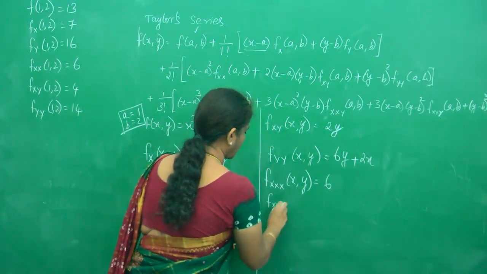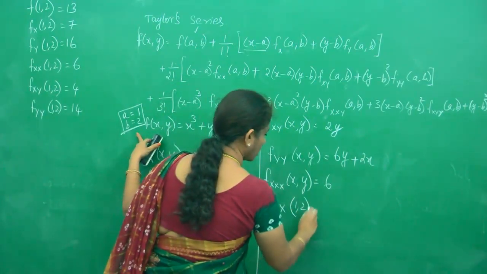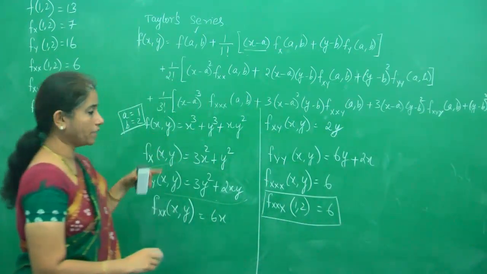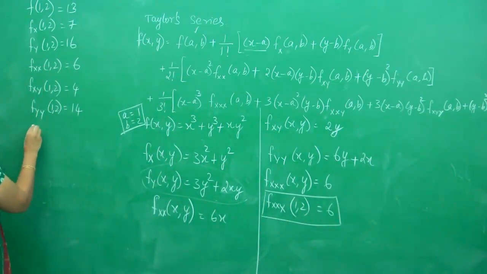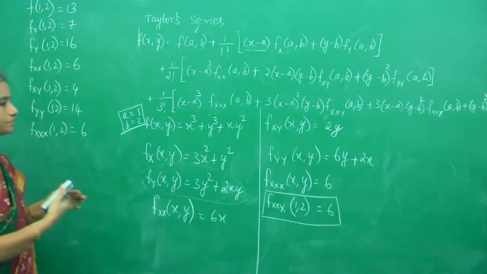So f triple x of 1, 2 is also 6 because we don't have anything to substitute for x and y. So f triple x of 1, 2 is 6.